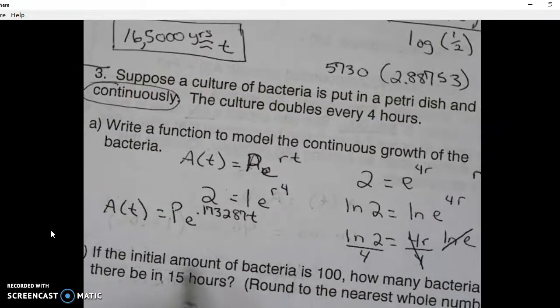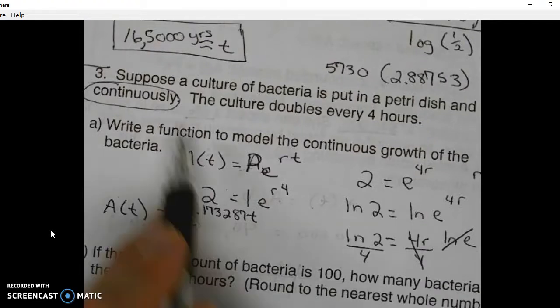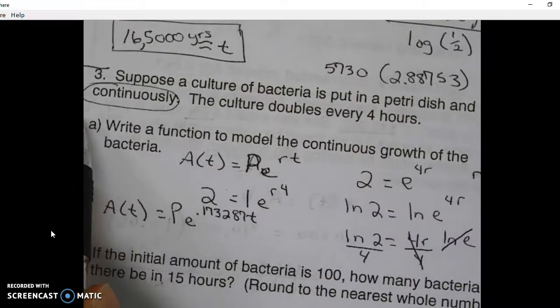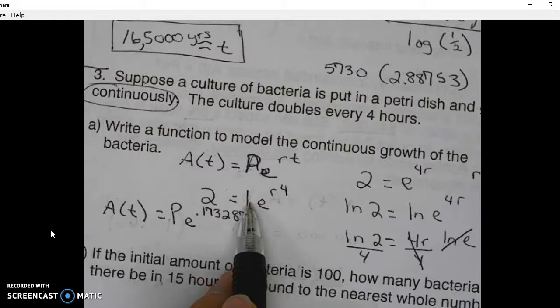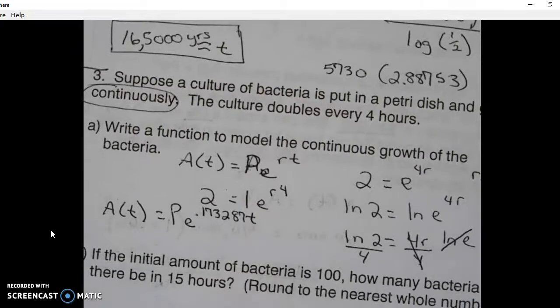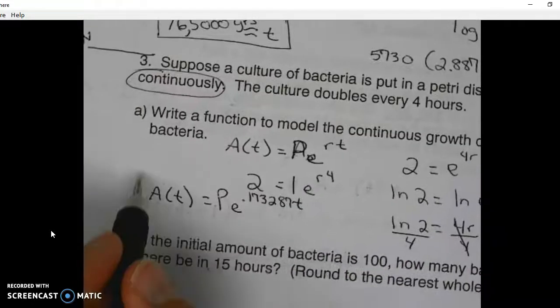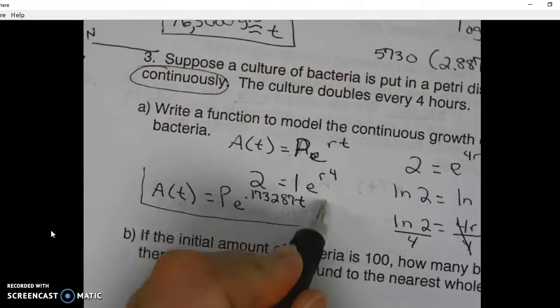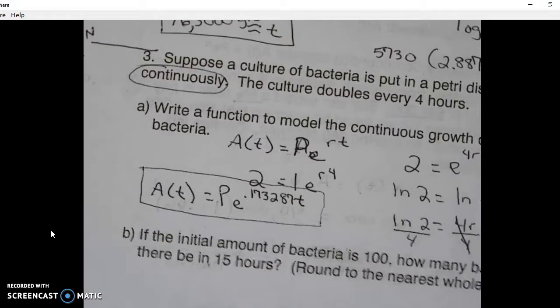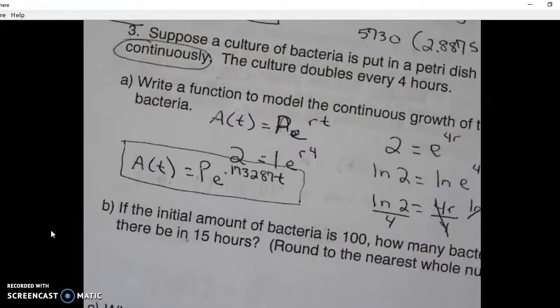Now notice I have two variables, my principal and my time. Principal, remember, they didn't give us a starting amount, so we just had to choose a starting amount. But in the following questions, we'll be given a starting amount. So for now, we're going to use this as our function.